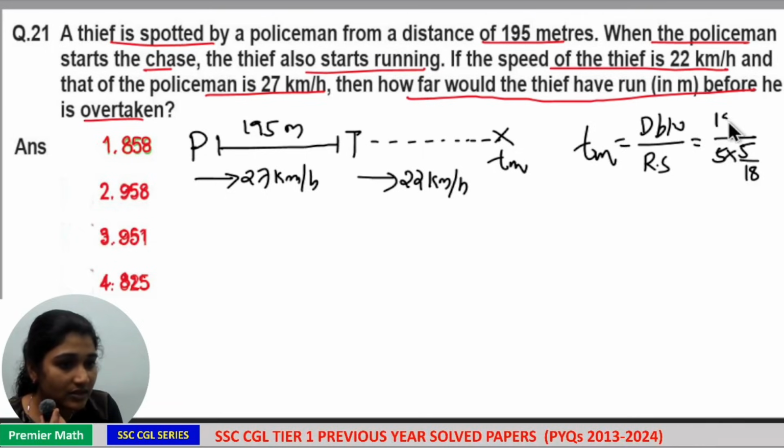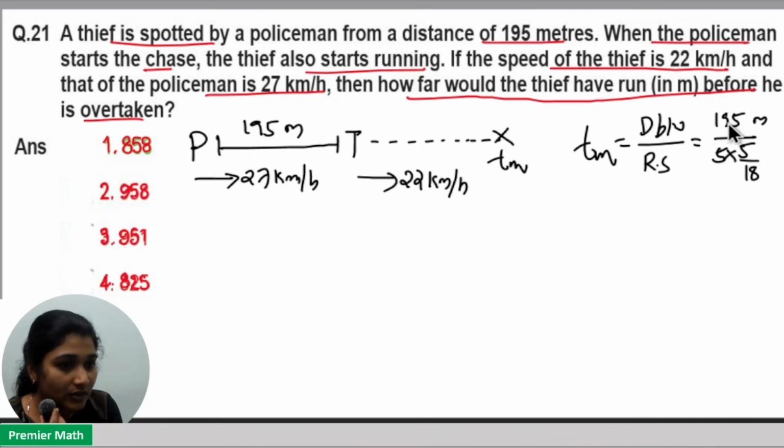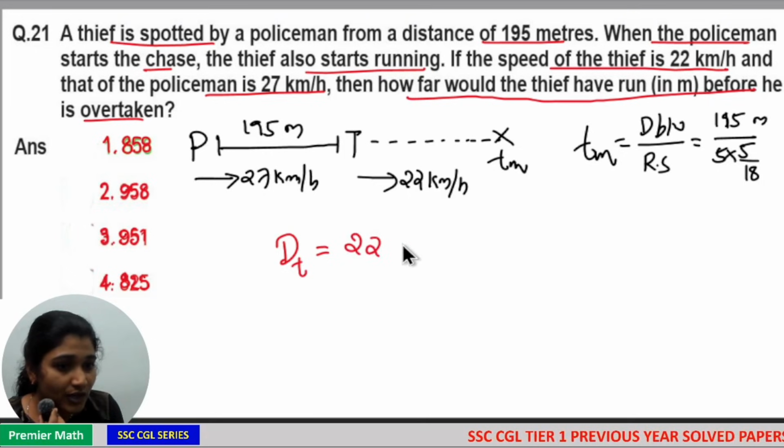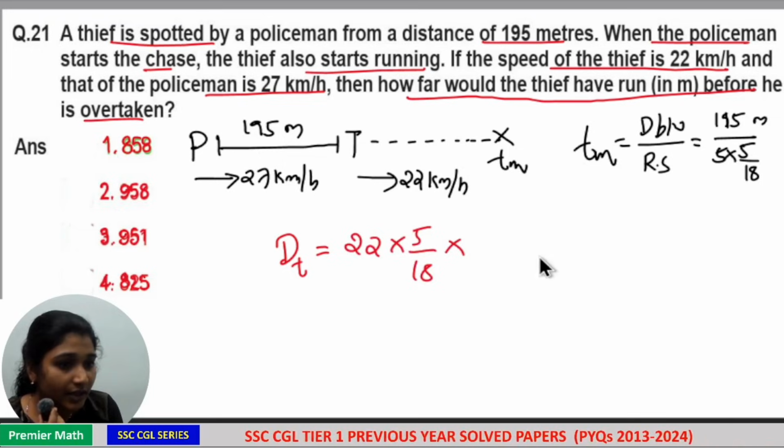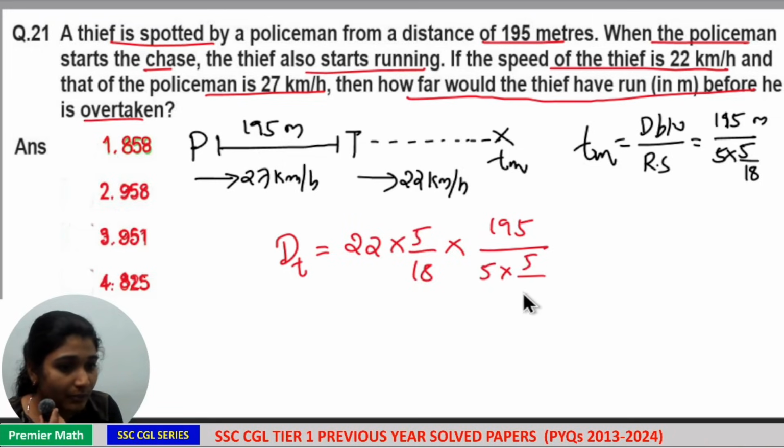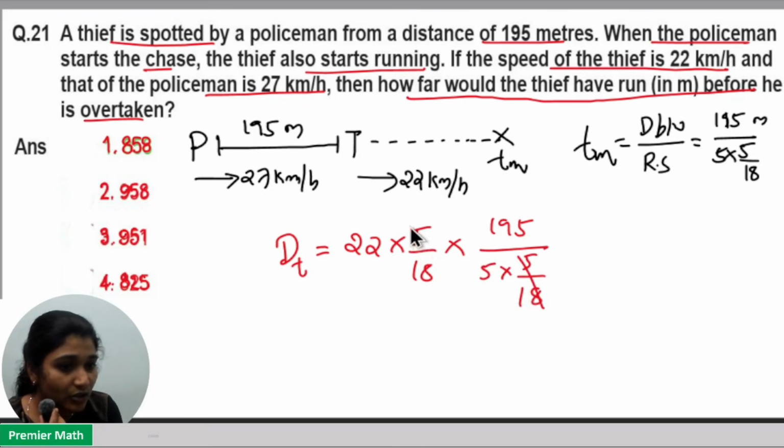Now the initial distance is 195 meters. Here we have to find the distance covered by the thief, which is equal to the speed of the thief, 22 km per hour. Convert it with 5 by 18. And here the time of meet is equal to 195 divided by 5 into 5 by 18. 5 by 18 in the denominator and numerator cancel. 5 goes 3 times in 15 and 9 times in 45.